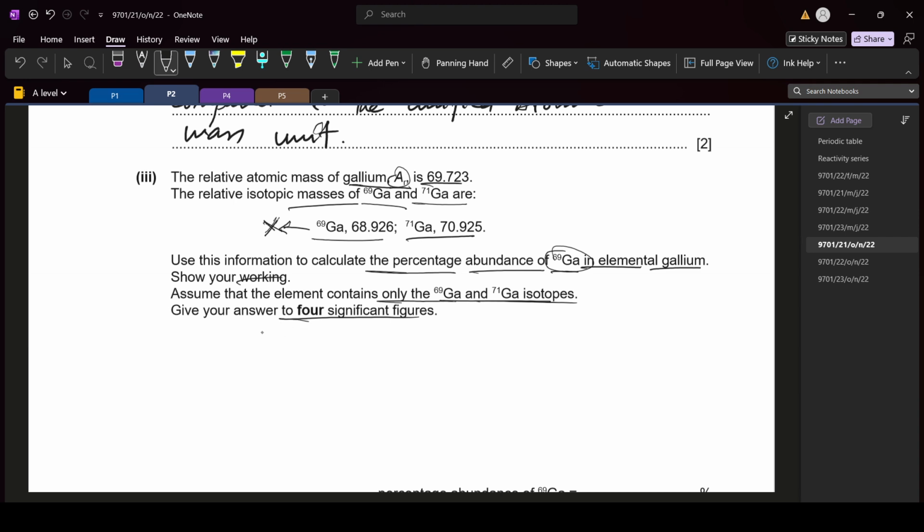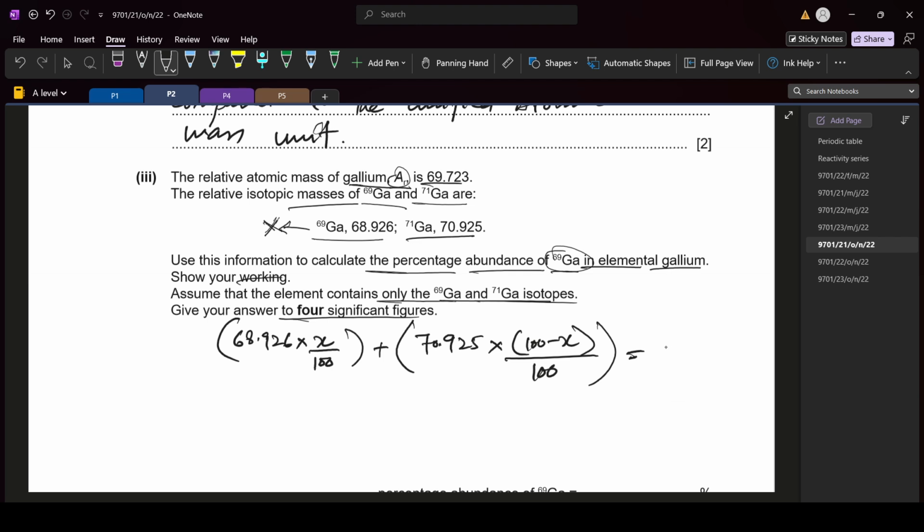So 68.926 times x divided by 100, plus 70.925 times (100 minus x), because if gallium 69 has the abundance of x, then the abundance of gallium 71 will be 100 minus x, is equal to 69.723.